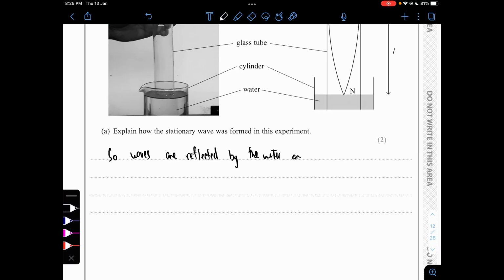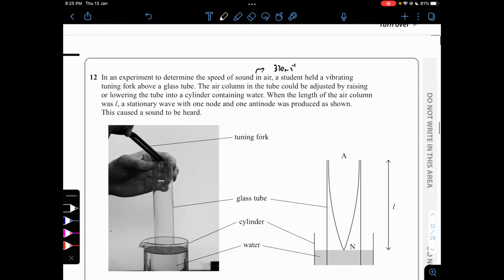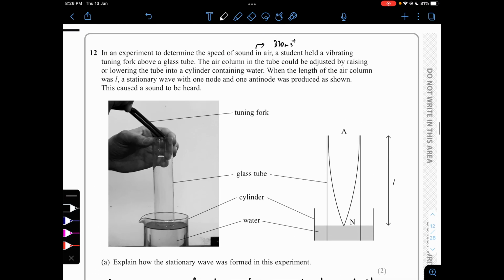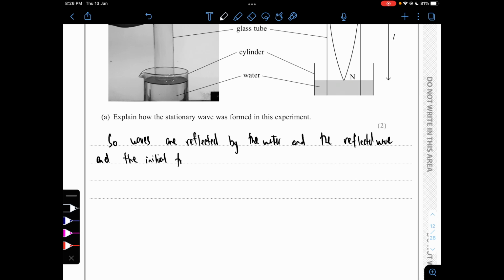So we have to say the reflected wave and the initial transmitted wave, because we emit, travel in opposite directions, causing an interference.